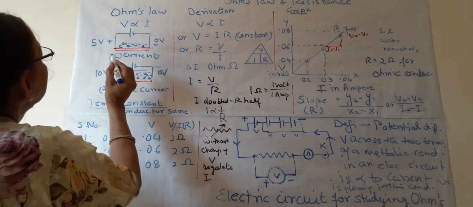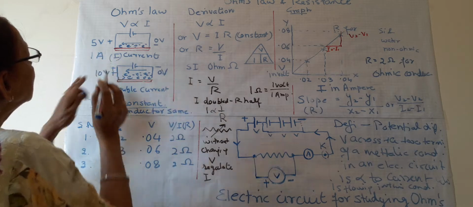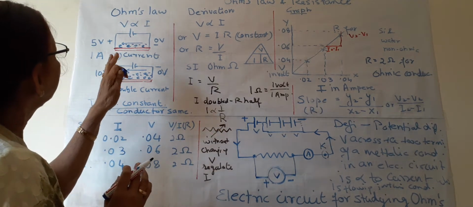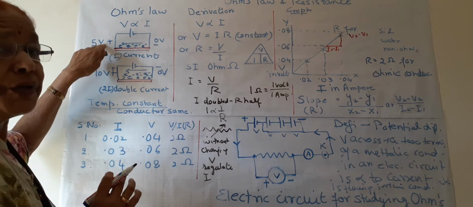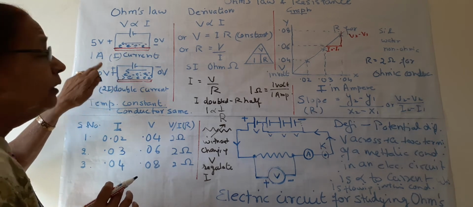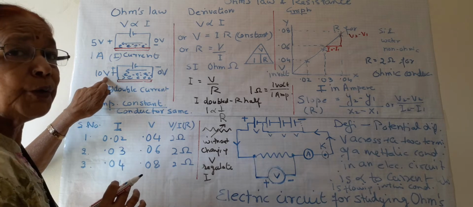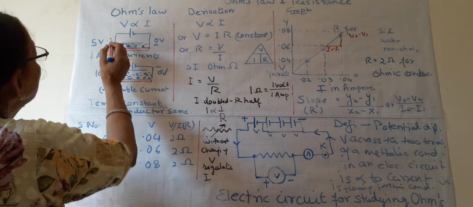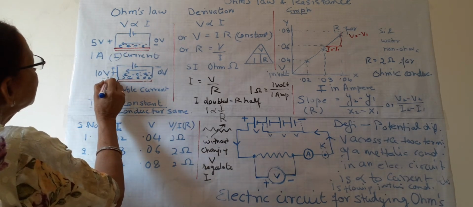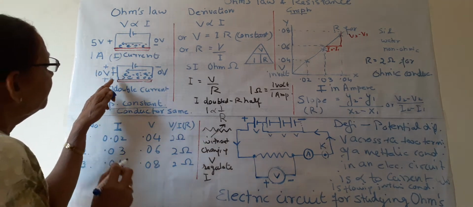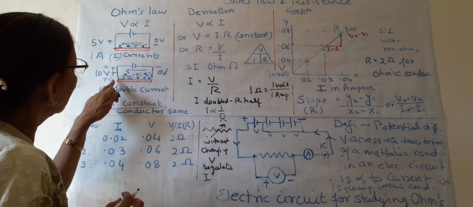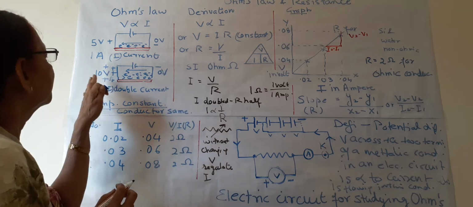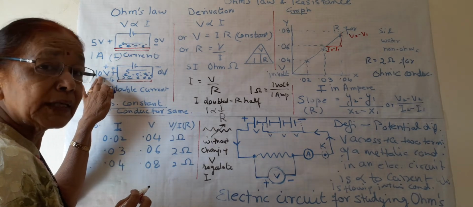Suppose the current is 1 ampere. Now what we did, if this potential difference is doubled from 5 to 10V, with the other end on 0V, it means there will be more positive charges on this side. When there are more positive charges, more electrons will be attracted by them.